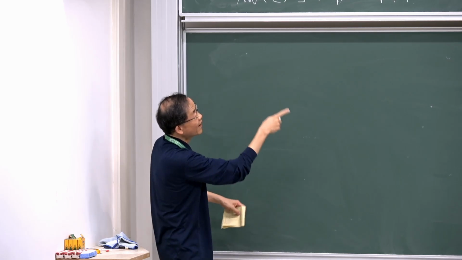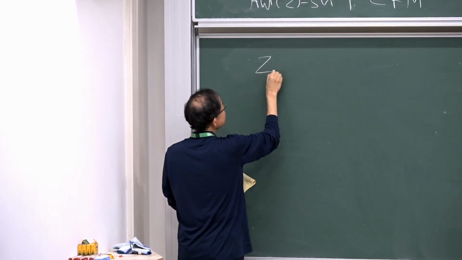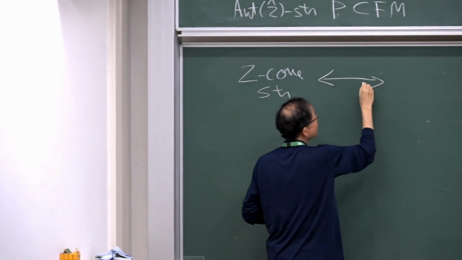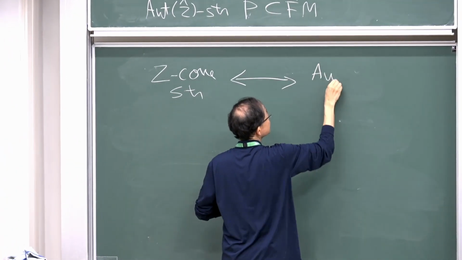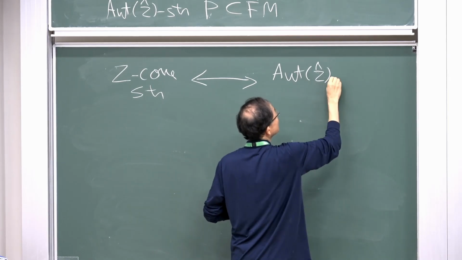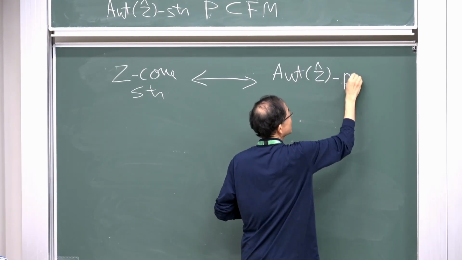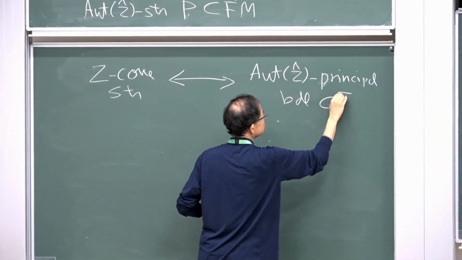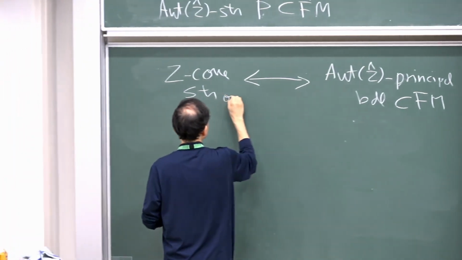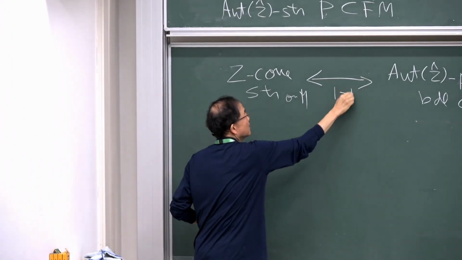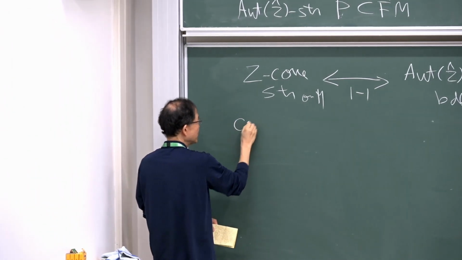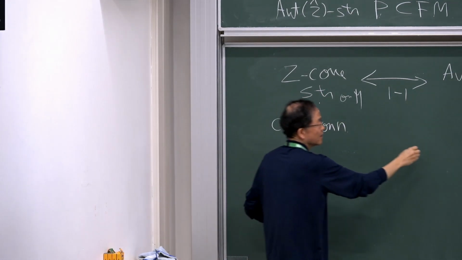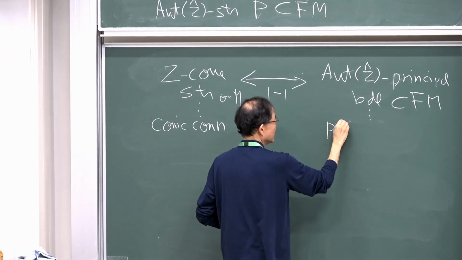So what we have so far in this correspondence is that you have a G-cone structure, and that's in one-to-one correspondence with an O2G hat structure. Then you have a conic connection here, and here you have a principal connection.